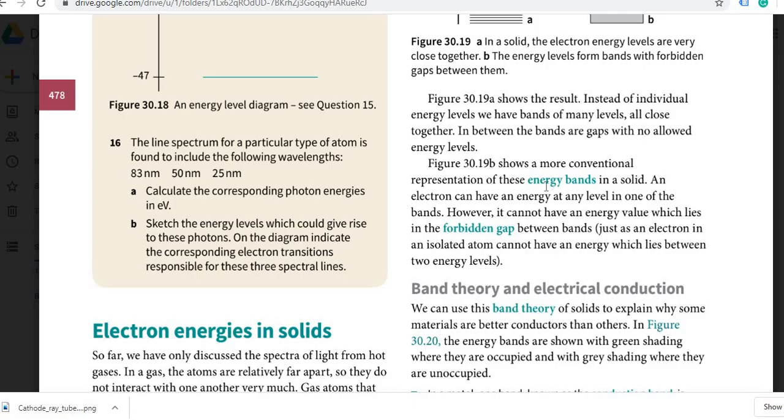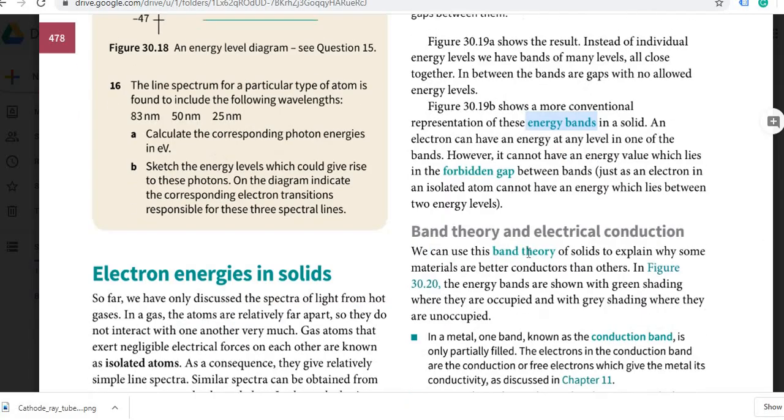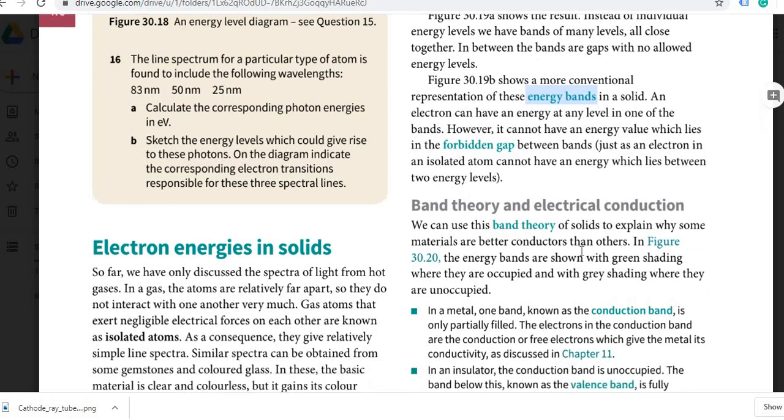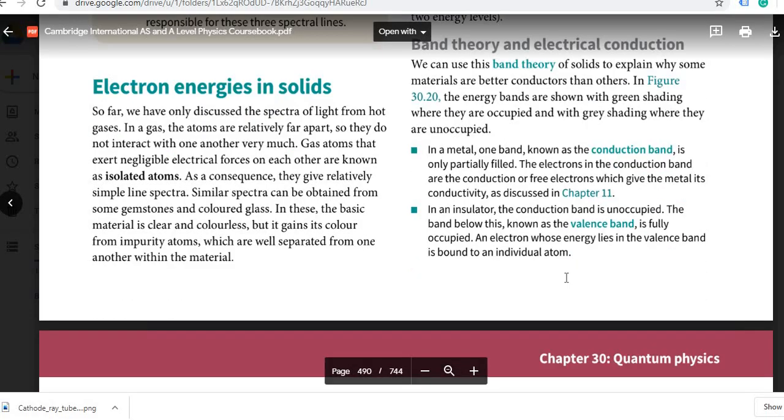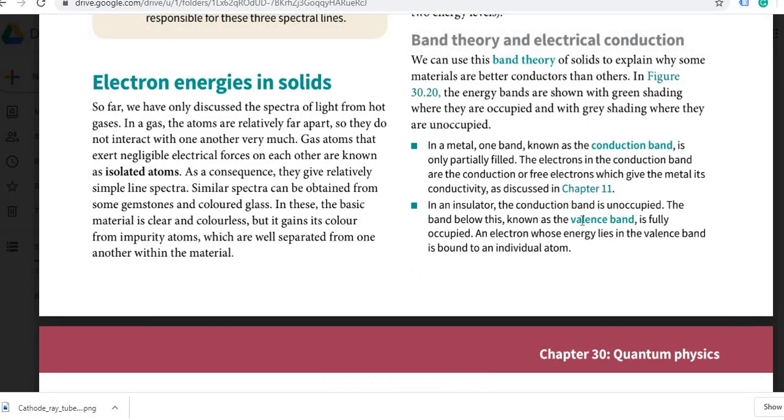You have to know the meanings of whatever words in these paragraphs are in green bold letters like this. What is forbidden gap? What is energy band? They can ask you what is band theory, conduction band, valency band. All these are very important. You have to know the meanings. The meanings are given here and also in the glossary of this book.